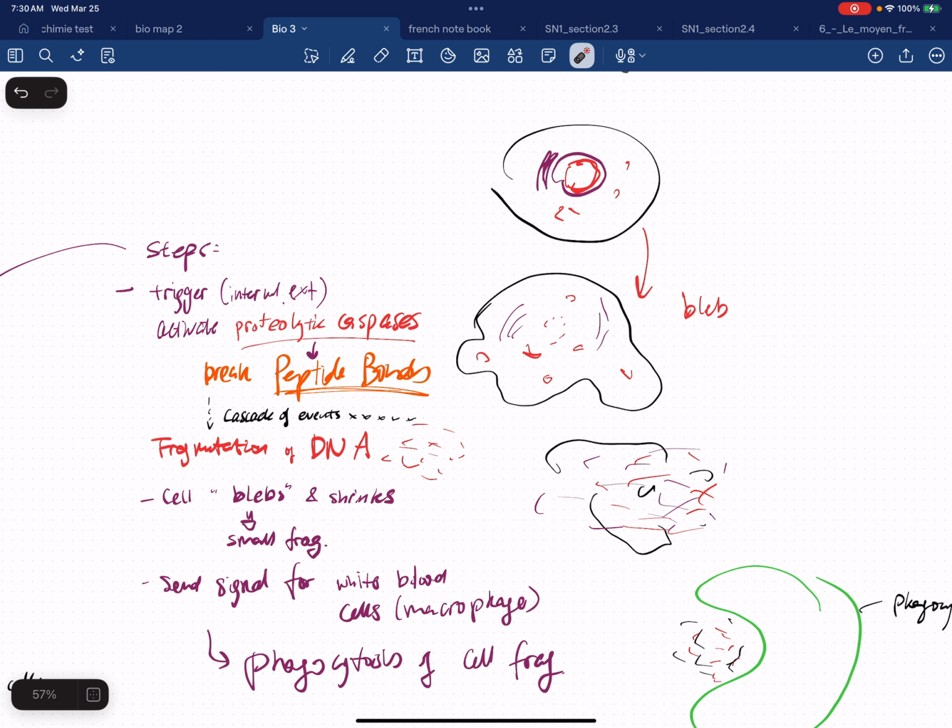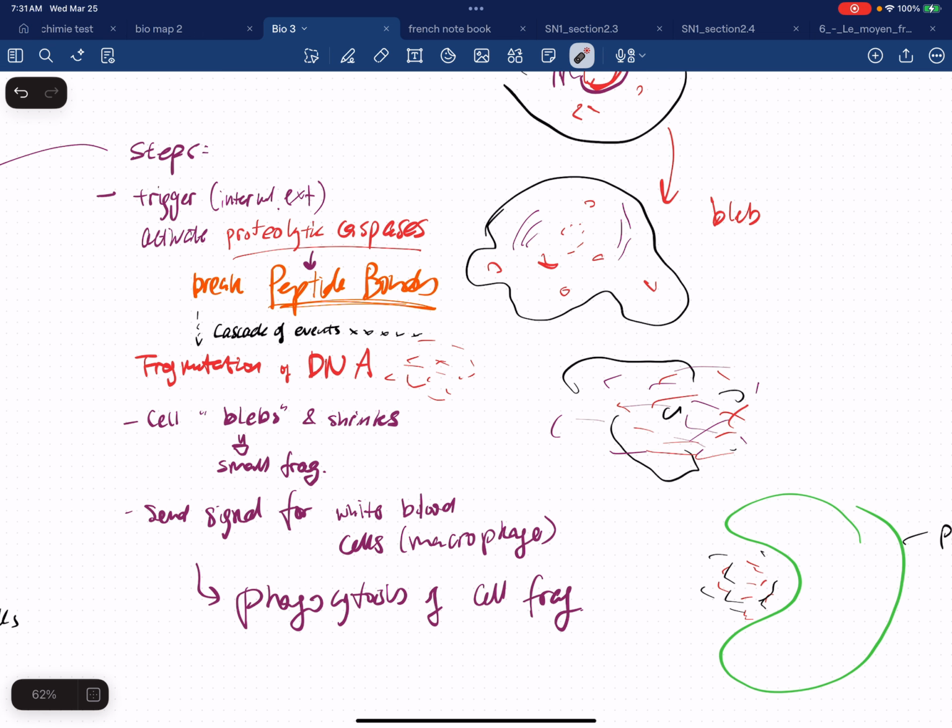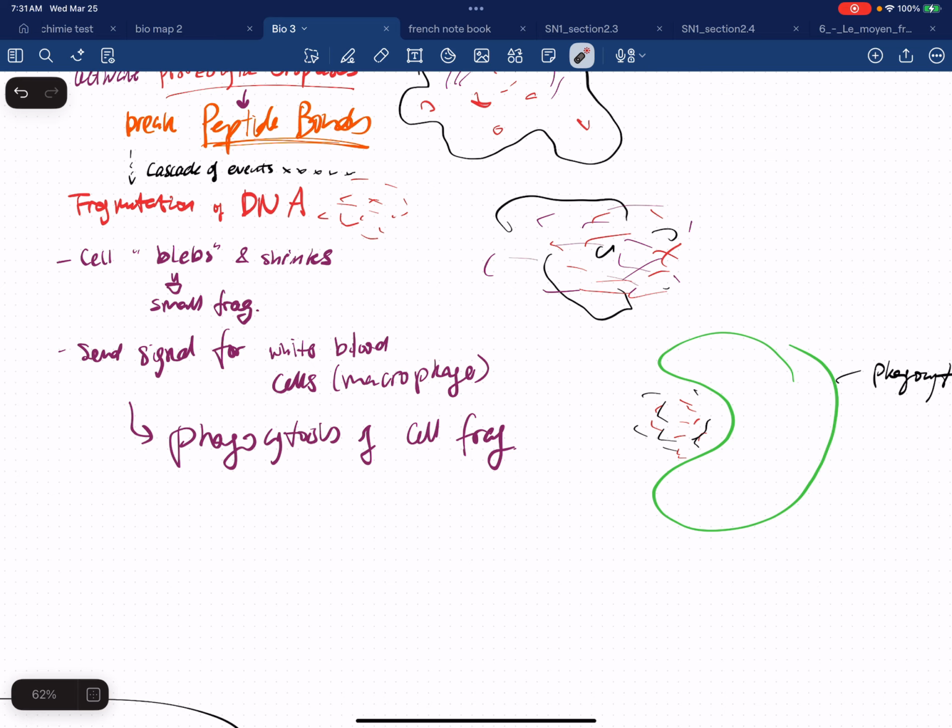So all the proteins in the cells are going to break, and the cell will bleb and become smudgy and melting looking, and the fragments of DNA will be broken, and the cell itself will become smaller fragments. Not explode, but melt, and send signals to the white blood cells so that they can perform phagocytosis of this garbage, the debris that happened.